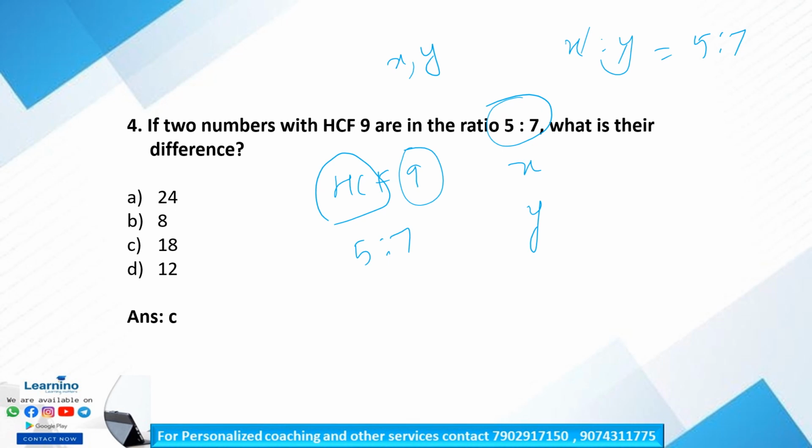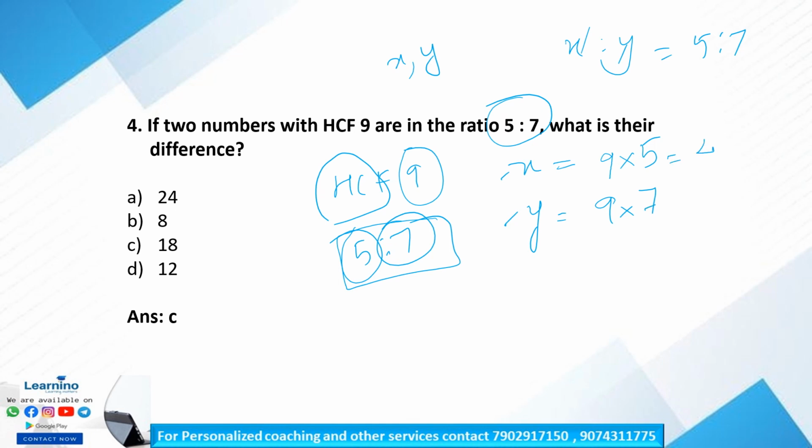So if the HCF and the ratio between two numbers are given, the simplest way to calculate the numbers, this is number 1 and this is number 2, is: HCF into first ratio will be the first number, HCF into the second ratio will be the second number.